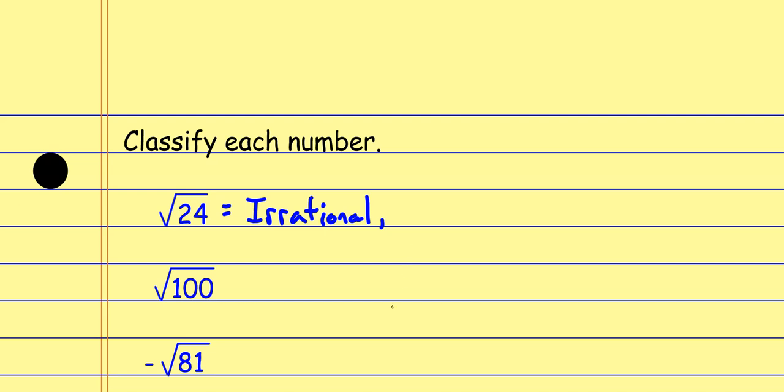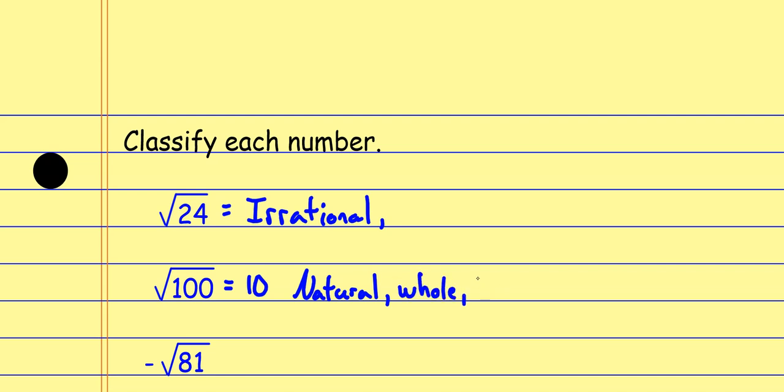with the most specific. If you look at something like this guy, the square root of 100 is actually a 10. So the smallest category that this thing fits into is the natural numbers. That's one of our counting numbers, so it's a natural number. But because it's a natural number, the natural numbers are part of the whole numbers, so it's automatically a whole number, okay?